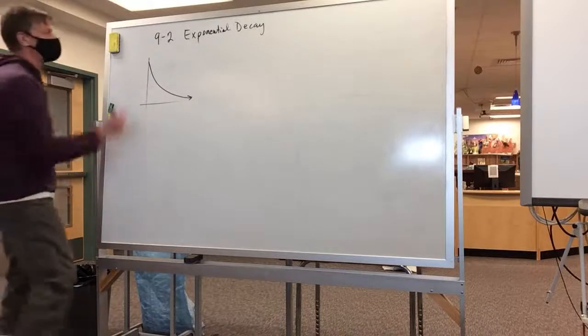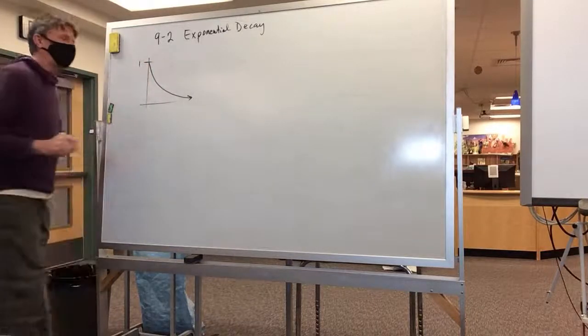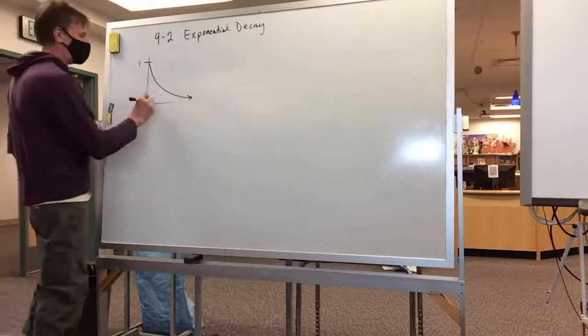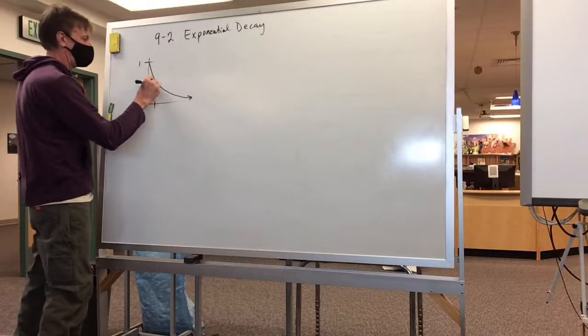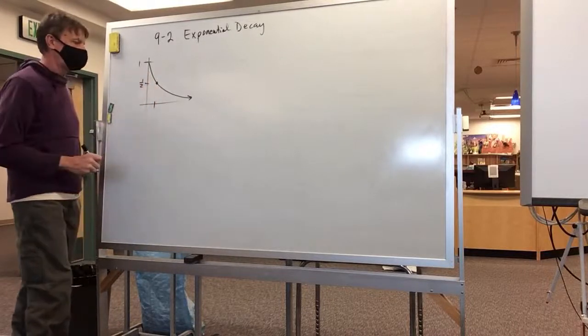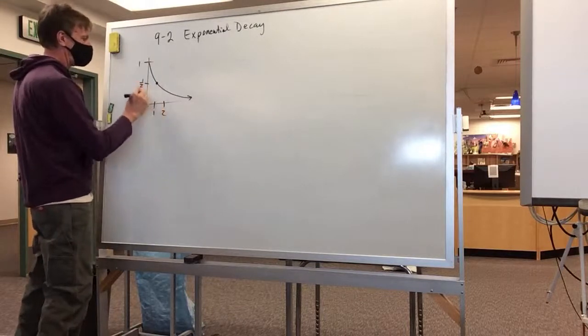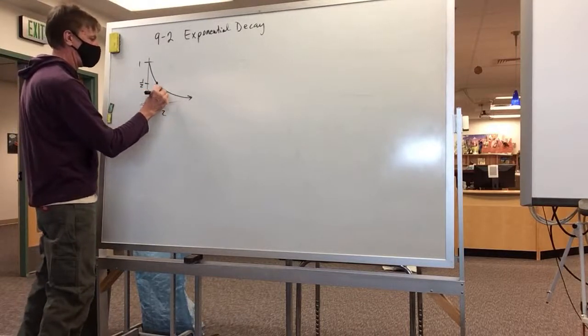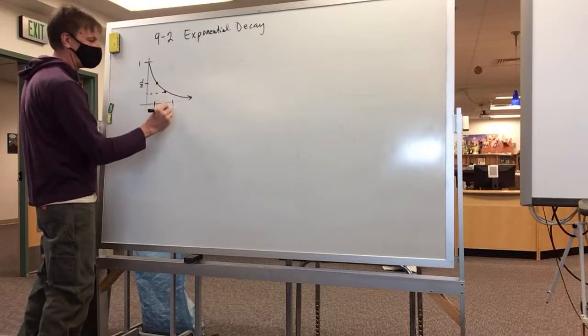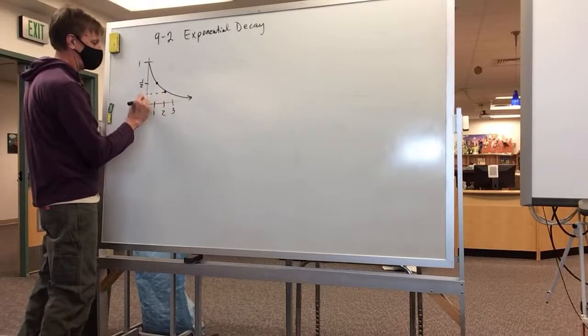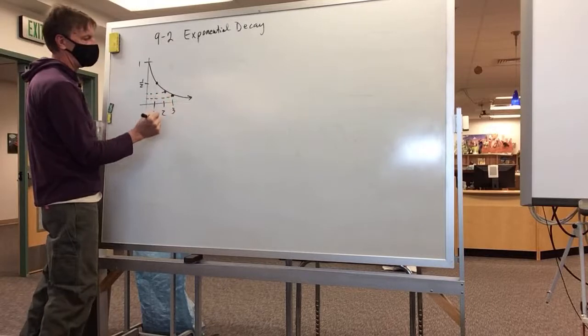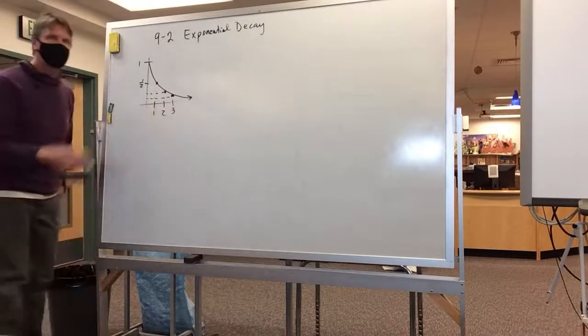So the classic is this: if you take 1 and you cut it in half in one time period, you end up with a half. If you go a second time period, you're going to go to half of that. If you go to a third time period, you're going to go to half of that, and so on and so forth.